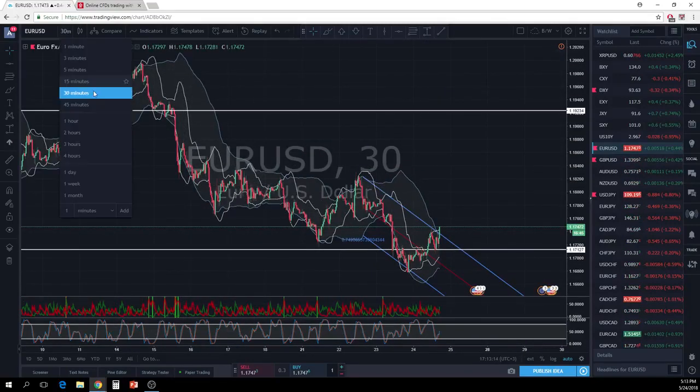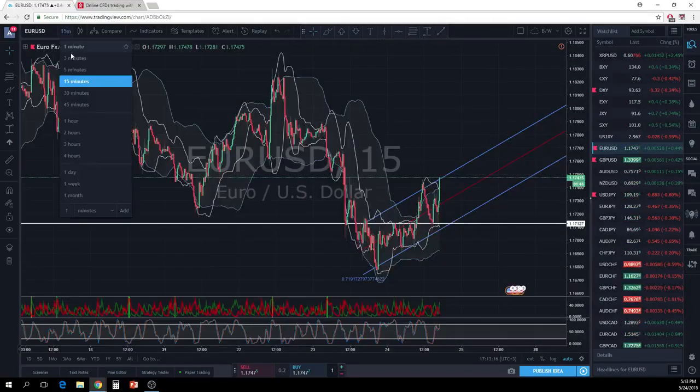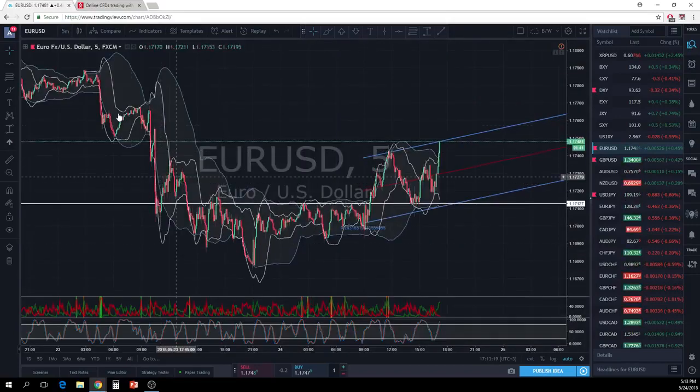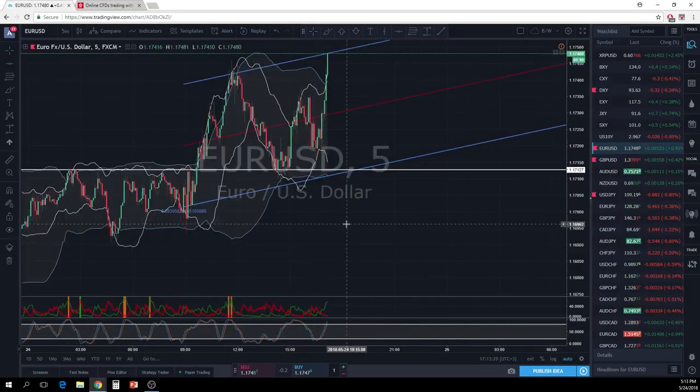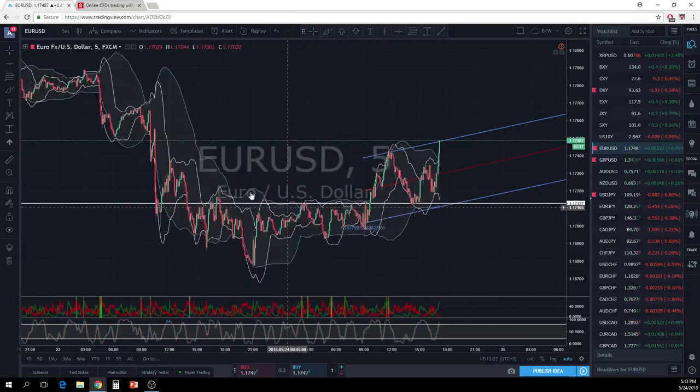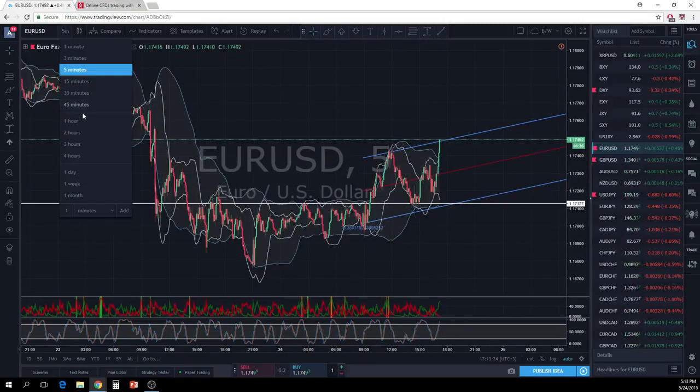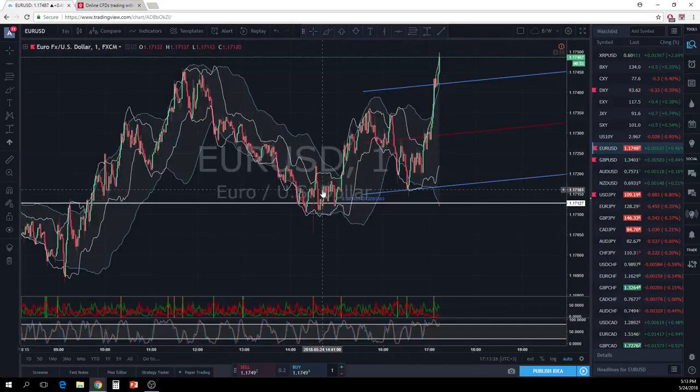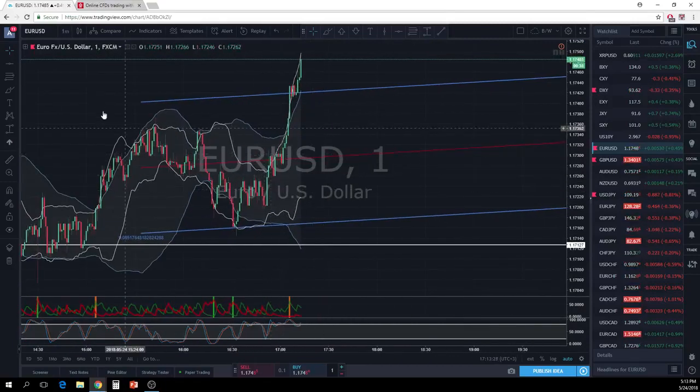Take a look at euro dollar. Fairly high right now as well. Going to new limits. Take a look at 1 minute as well. Increasing very fast.